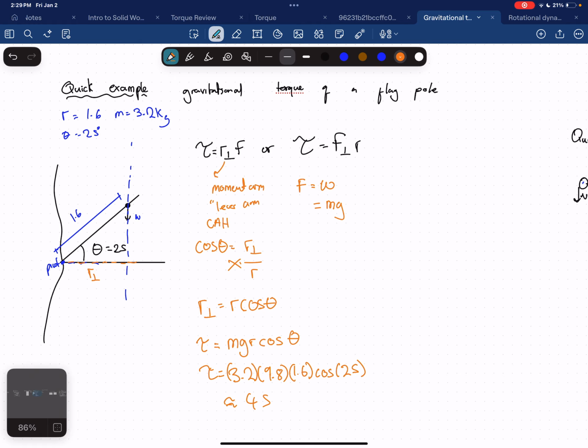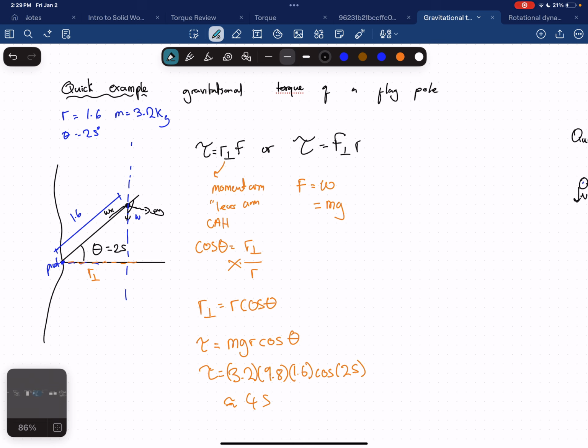You could use the force arm too, but it kind of requires a bit more trig and geometry. To find F perpendicular, you need to decompose this into omega y and omega x. And then you will see that the perpendicular component is omega y.